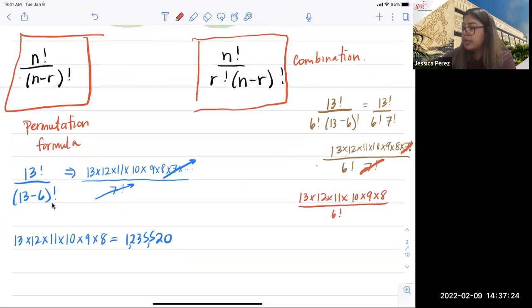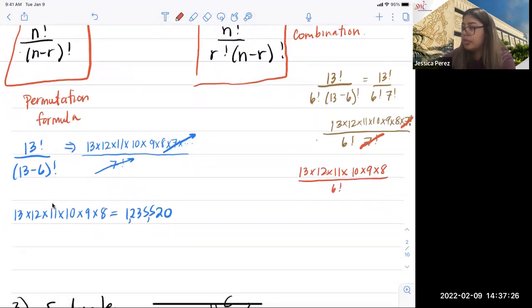So on your calculator, we already know what 13 times 12 times 11 times 10 times 9 times 8 is. It was 1,235,520. Divide that by 6 factorial.